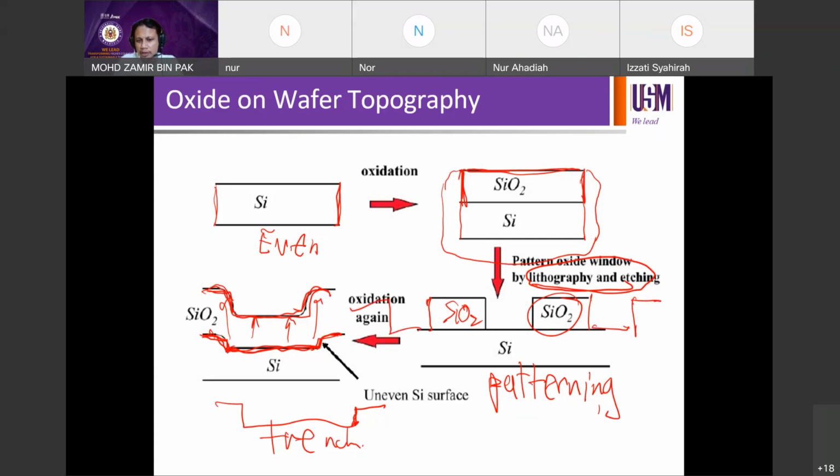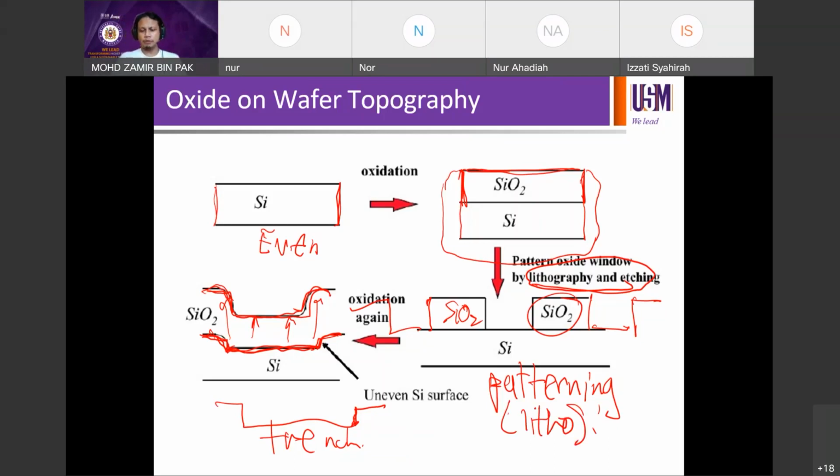This can only be done by the lithography process. Because when you run oxidation, you will only get a blanket, everything is covered. But if you want to define which areas you want to open and which areas you want to cover, then you have to do patterning, right? This patterning is done by the lithography process, litho process. We will learn that after this.